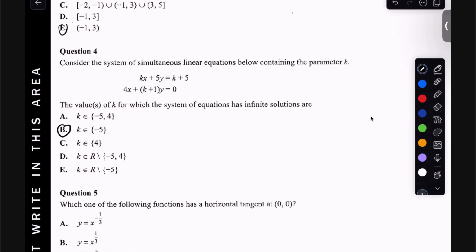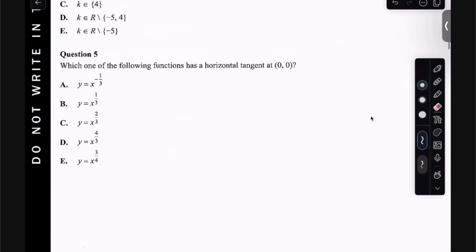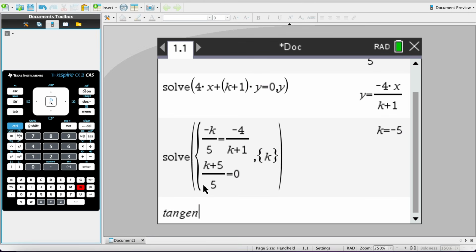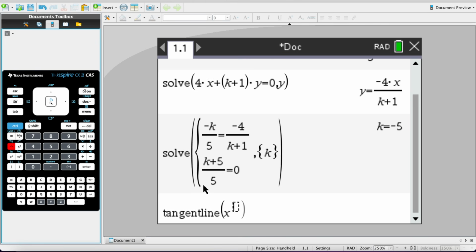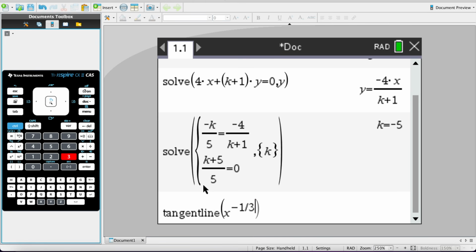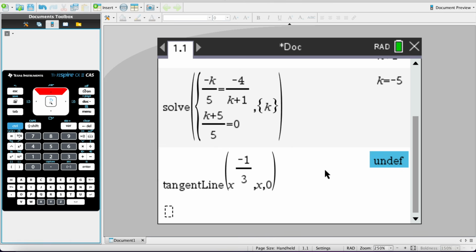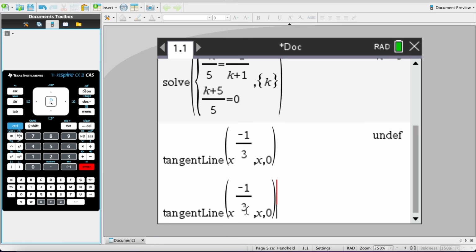So just negative 5. Which of the following functions has a horizontal tangent at 0, 0? What you can do is, that would be the line y is equal to 0. So you can just do tangent line, the function, comma x and comma 0. That's undefined, so that would be probably vertical. Then just change the function.